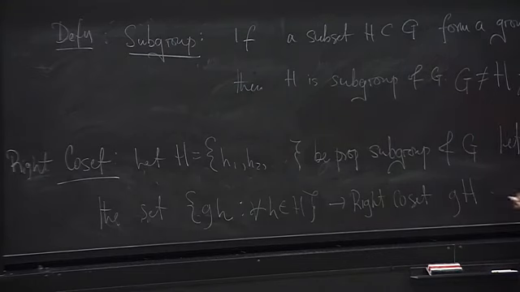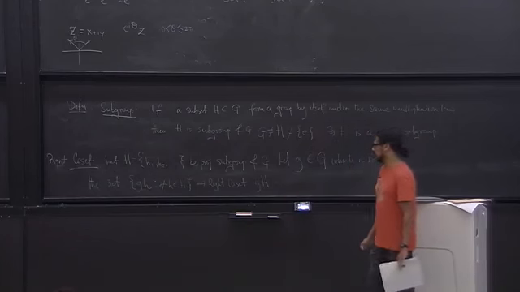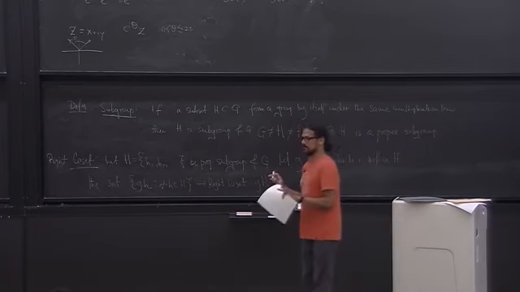But of course, the right coset depends on which element we choose. This is a very important idea. The right coset is not a group, it's a set.